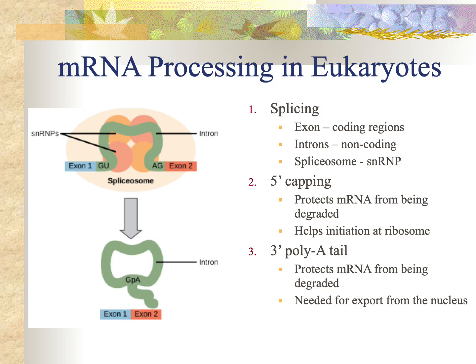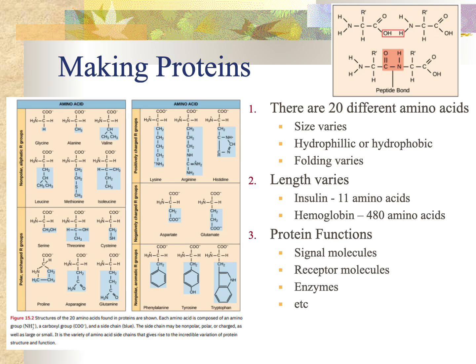These are signals for how much protein is going to be made, how long the messenger RNA is going to stick around, and particularly the poly A tail is needed to get the messenger RNA out of the nucleus, because of course all the transcription occurs in the nucleus.